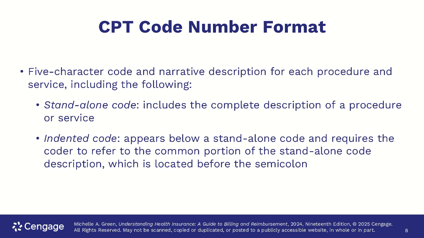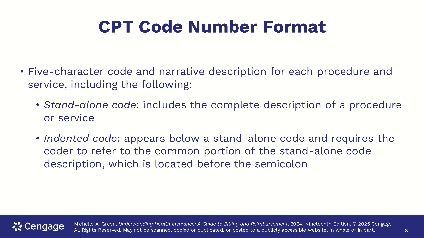And what do I mean by that? So the procedure could be, and the example that they give in the textbook is 27780, could be XYZ procedure. And the standalone code says without manipulation, and the indented code says with manipulation.